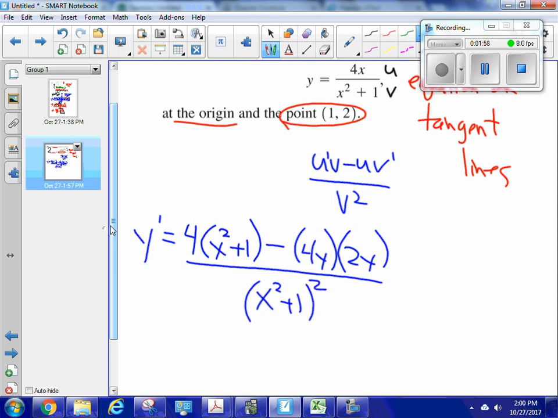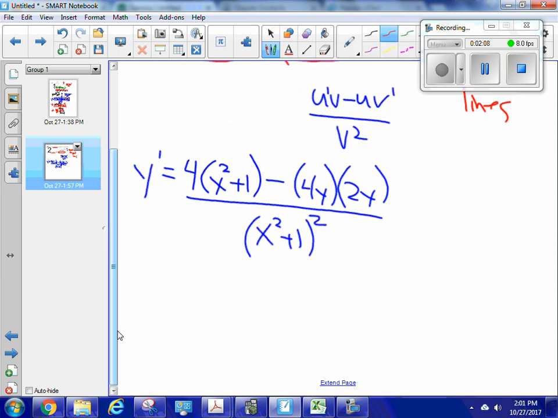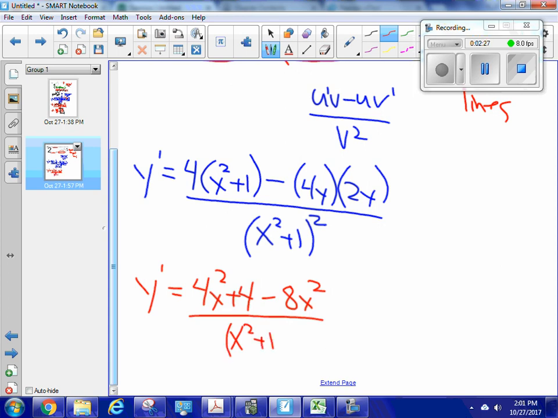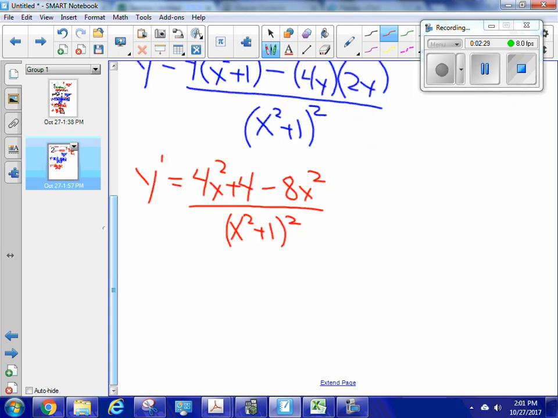squared. Now, I could go about simplifying this. Maybe I will. I mean, why not? Let's make it a little bit more elegant. So, y prime is equal to 4x squared plus 4 minus 8x squared all over x squared plus 1 squared.